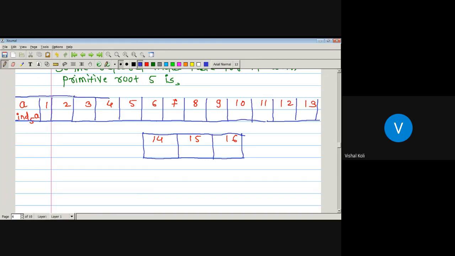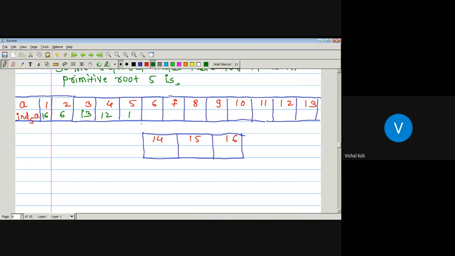Index of 1 is 16, index of 2 is 6, index of 3 is 13, index of 4 is 12, index of 5 is 1, because index of 5 will be 1.